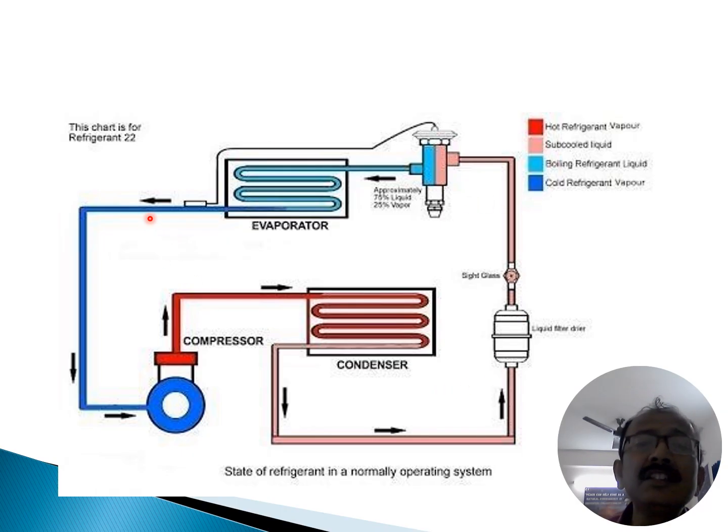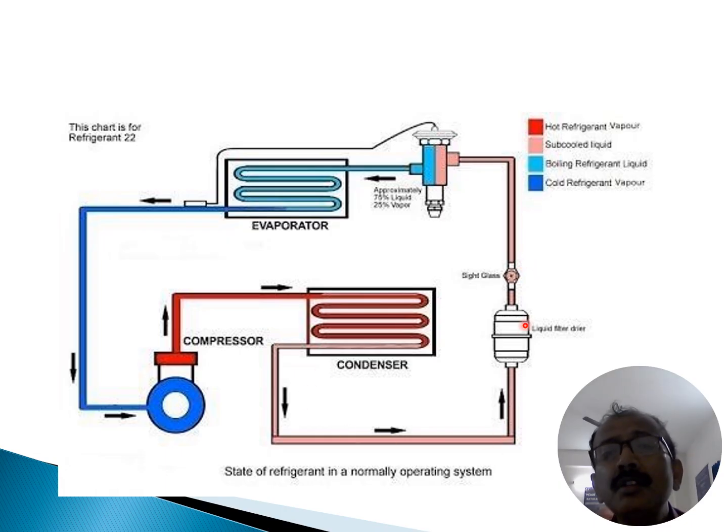The refrigerant is flowing through this system, and in the different parts the refrigerant changes phase. When the refrigerant is entering the compressor, it is cold refrigerant in the form of vapor. When it is going out from the compressor, it is hot refrigerant in the form of vapor. When it is coming out from the condenser, it is hot refrigerant, a subcooled liquid.